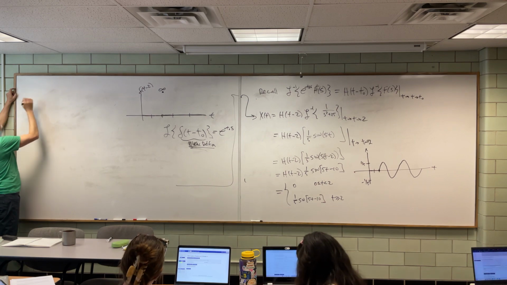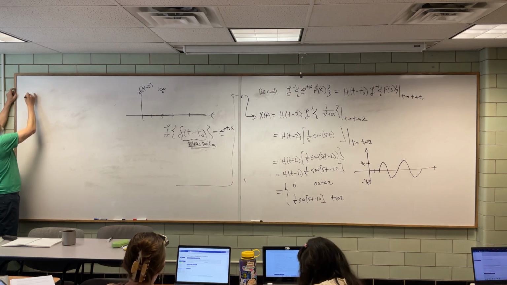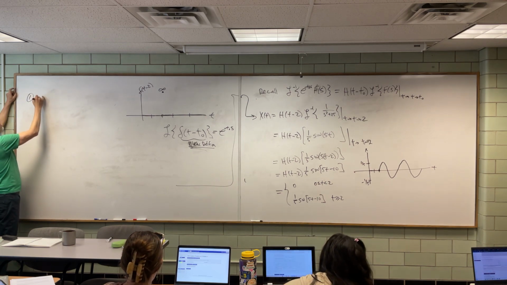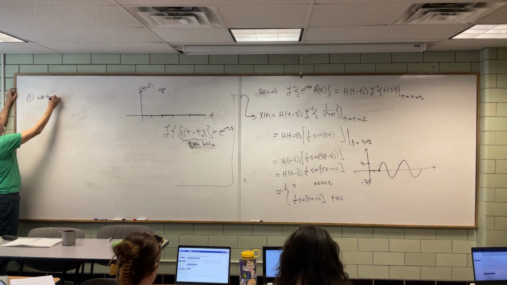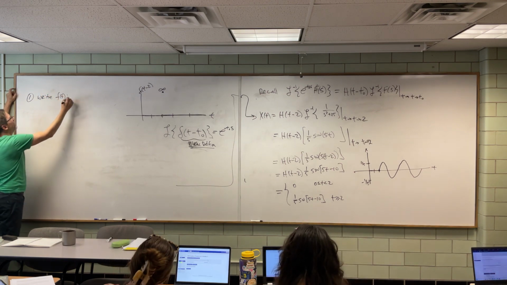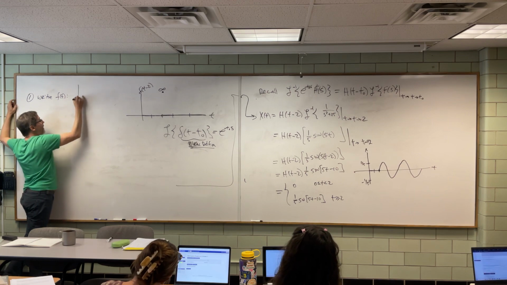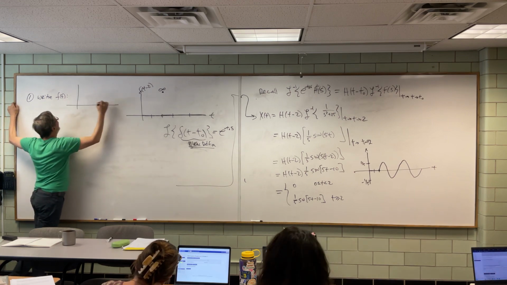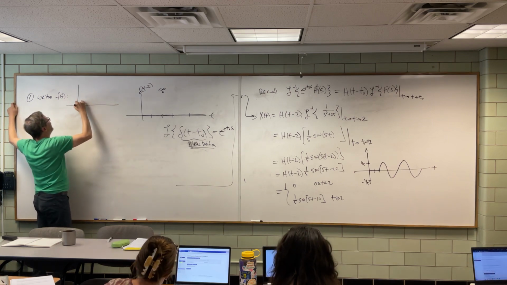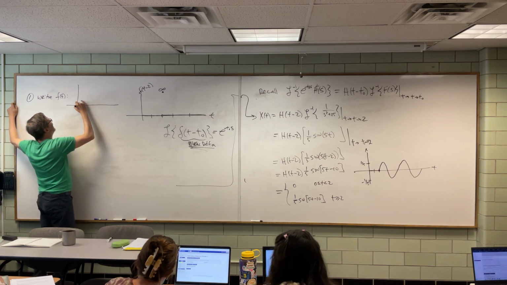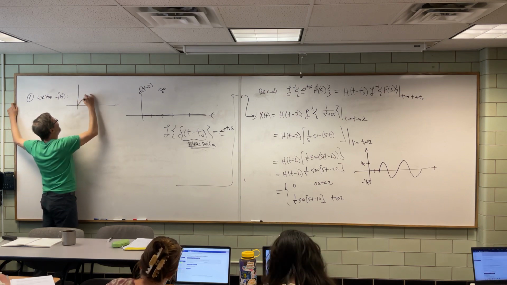Step 1 is write f of t, given by this graph, as a piecewise function. So we're going to go up. I'll give you some points in just a second.